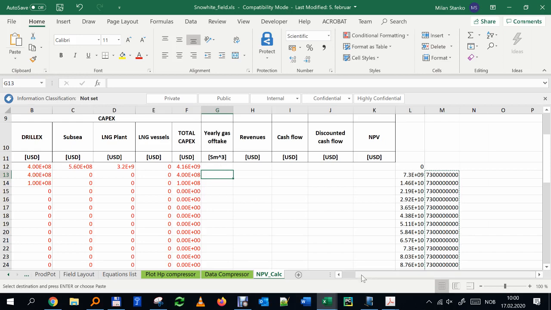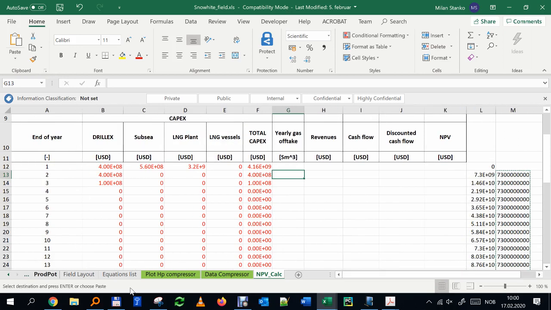When do I start production? Let's say we start production in year 6. So I'm having 5 years to build the field, and then I start production at the end of year 5, just the beginning of year 6.